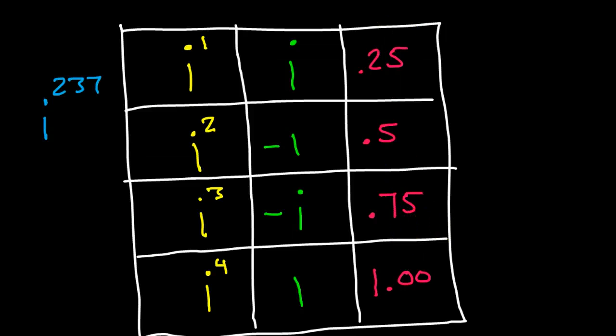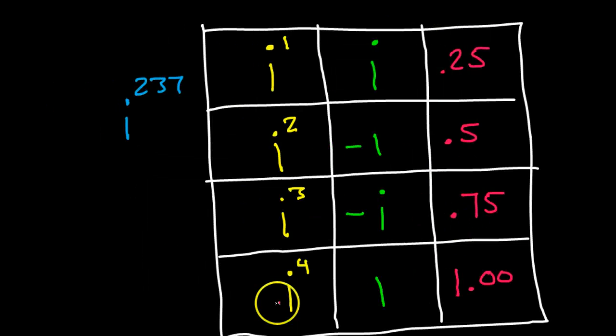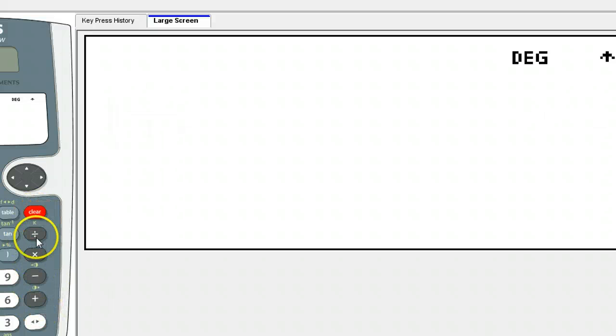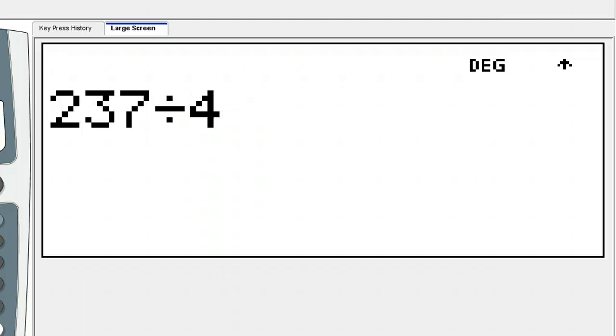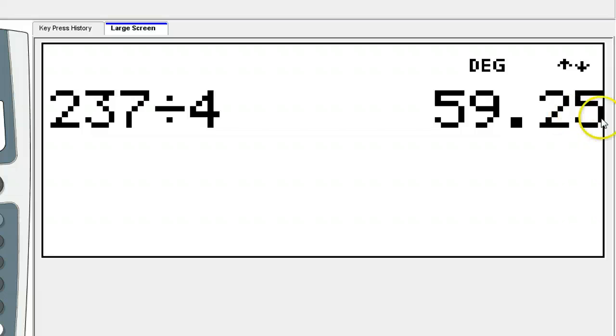Now, how is this going to help us? Well, it turns out we can find these decimals if we are working a problem. If you look at the power, you can figure out which one of these it's going to simplify down to by dividing by 4. So if I take 237, for example, and I divide this by 4, I get 59.25. Focus on the 0.25 because that's the part that tells us which one it is.